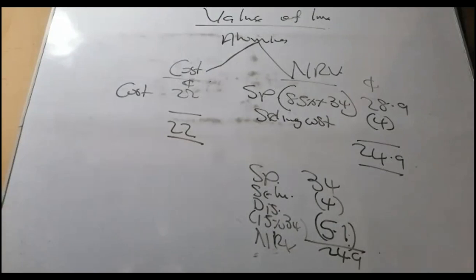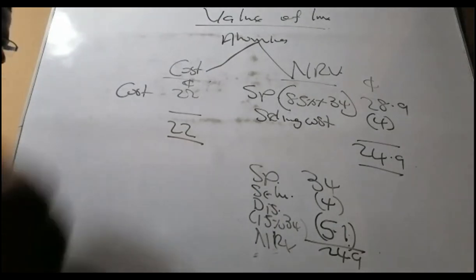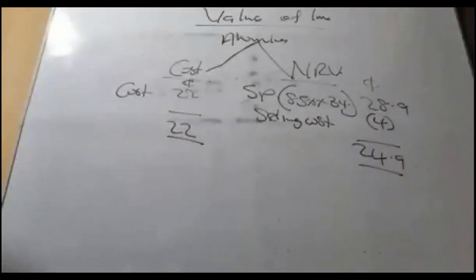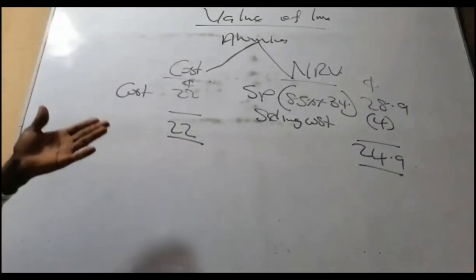Good. Now let's see how we will continue. So now I'll take this section off. Now tell me, at what value should I state the inventory? So it must be valued at what? 22. Are you sure? Why are you choosing 22?